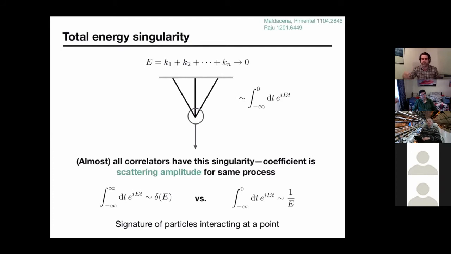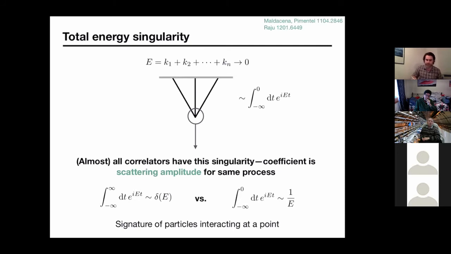We can understand that this is diverging when E goes to 0 because the limit of integration is running all the way off to -infinity. So the singularity is localized at t goes to -infinity. It's singular precisely because the domain of integration is infinitely big, and we're not getting any oscillating suppression when E is exactly 0.